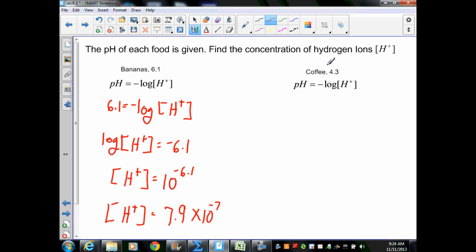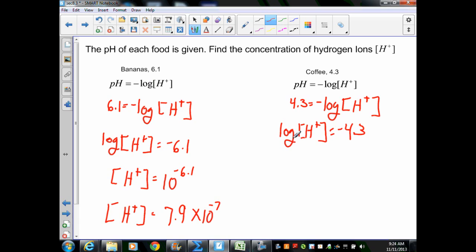Here I want to determine how many hydrogen ions are in coffee with a pH of 4.3. Again, I want to substitute our pH in, so I'm going to get 4.3 equals a negative log H+. Solve by dividing by -1. That gives me log H+ equals a negative 4.3.